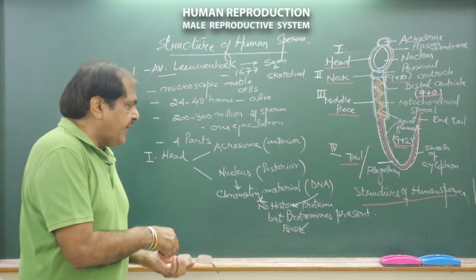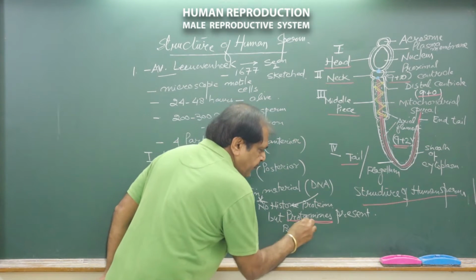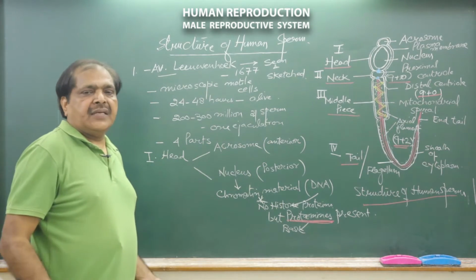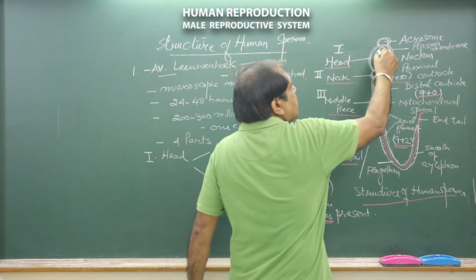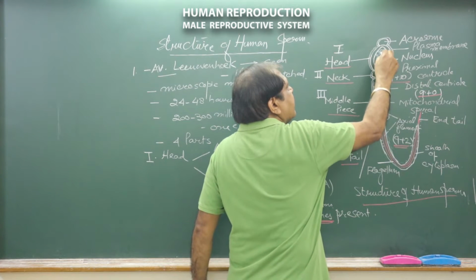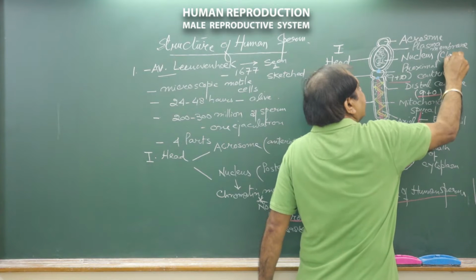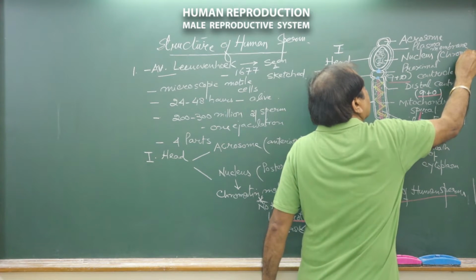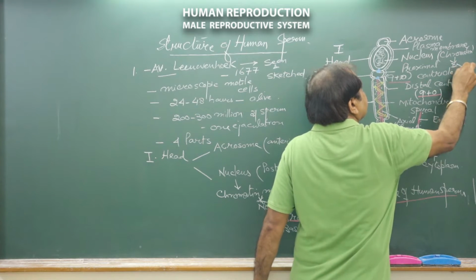This is a very, very important question for you. This is the genetic material which we call the chromatin. It is actually DNA.